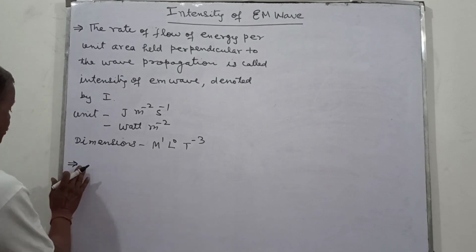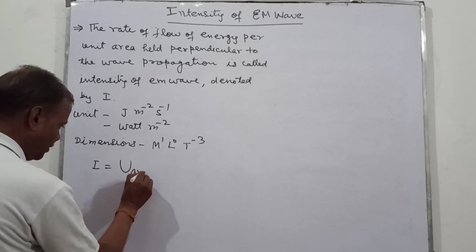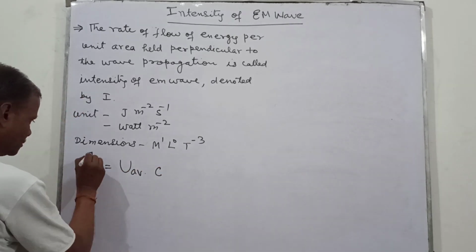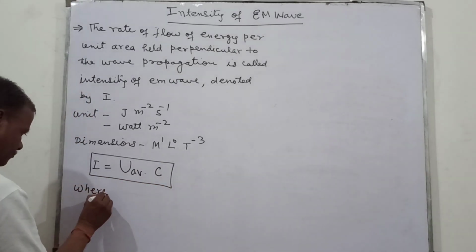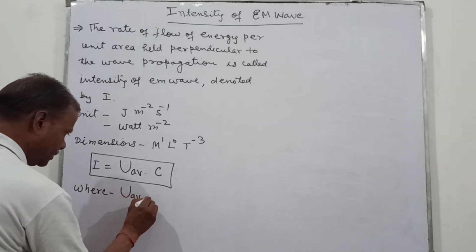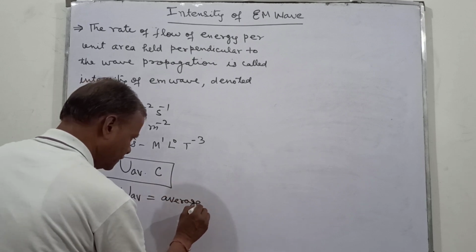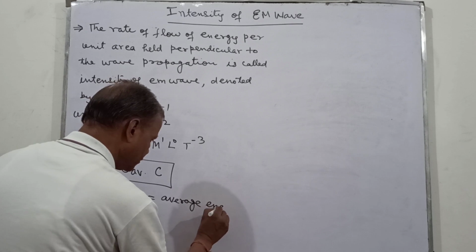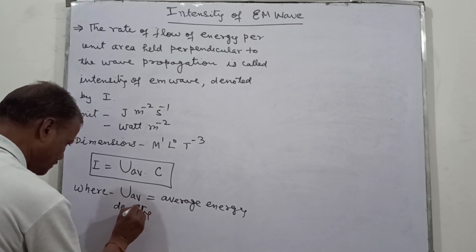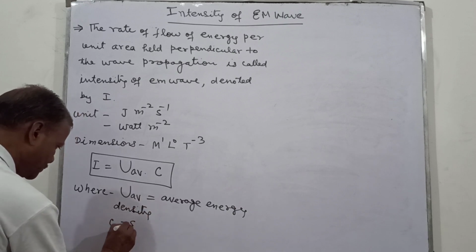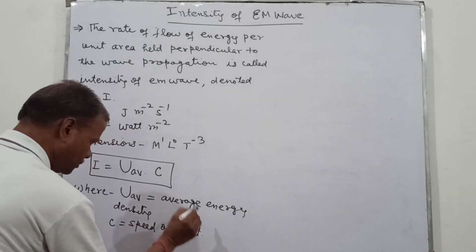And this intensity is also given by formula I equal to U_av into C, where U_av, this is now average energy density, C speed of light.